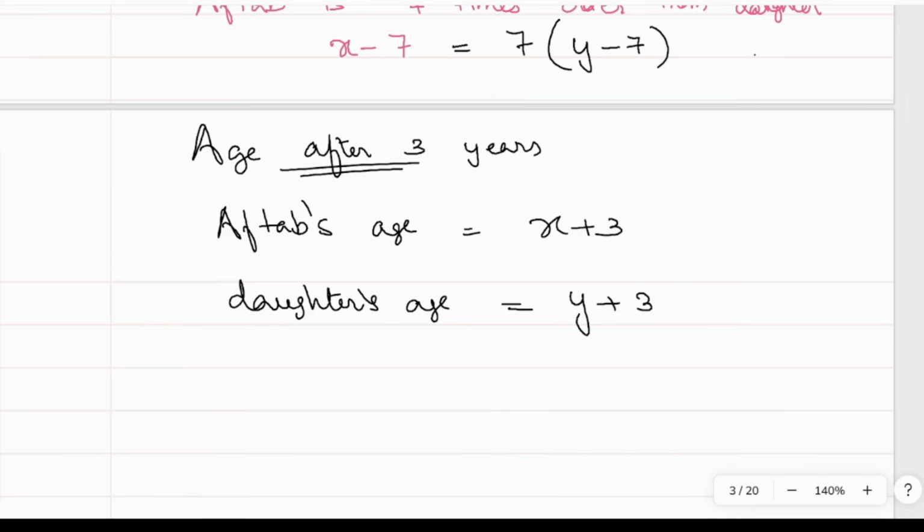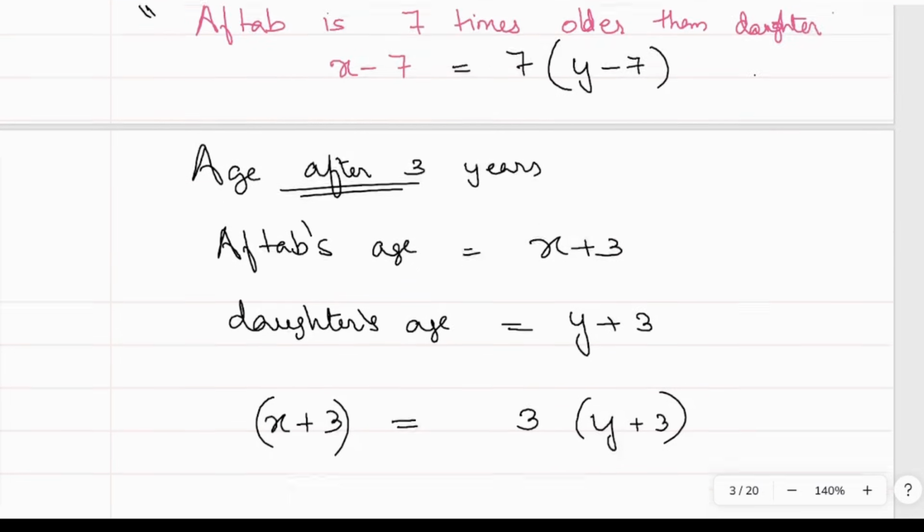Then what are they telling? I shall be 3 times as old as you will be. That means if his age after 3 years is x plus 3, then this value will be equal to 3 into the daughter's age, that is into 3. Clear?